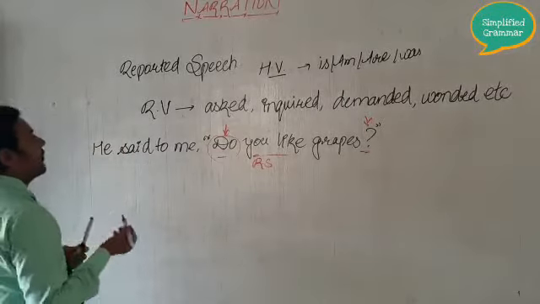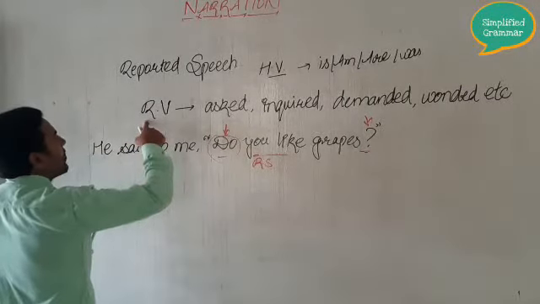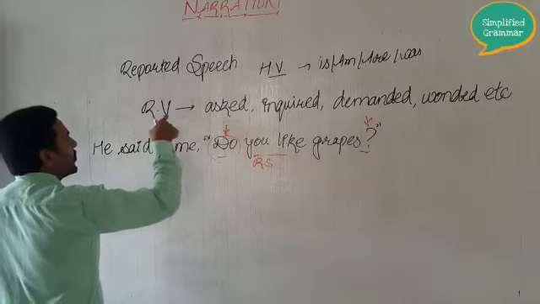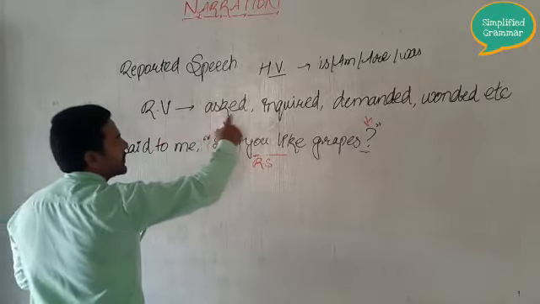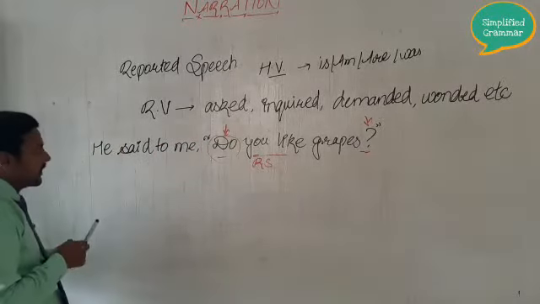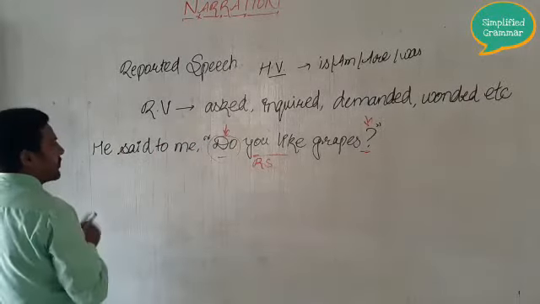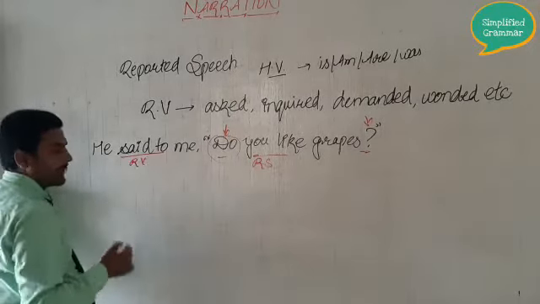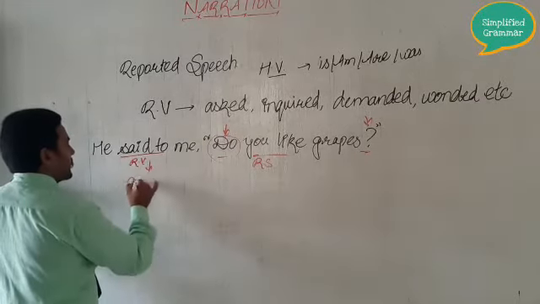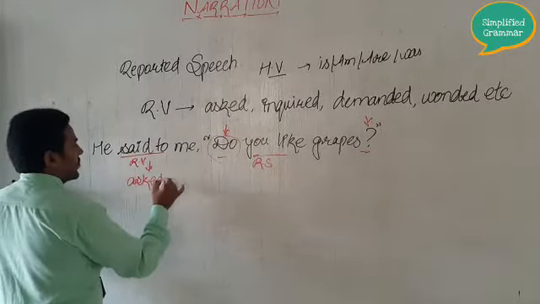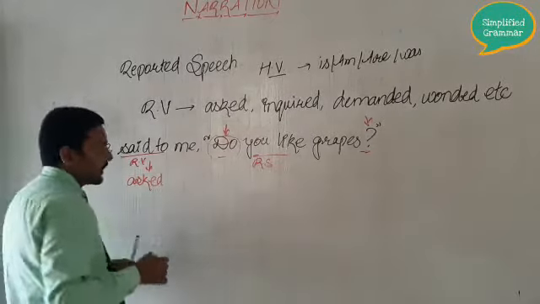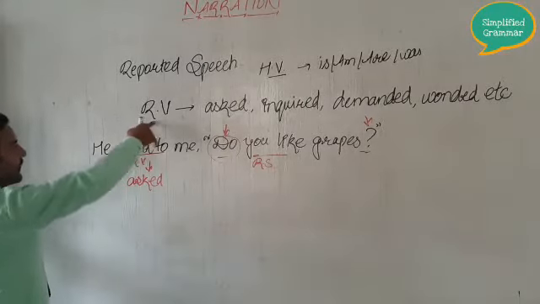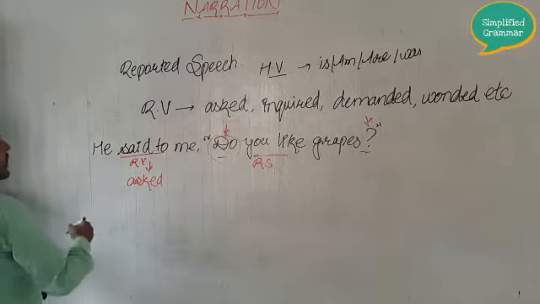So the next step that you need to follow is the reporting verb has to be changed into asked, inquired, demanded, wondered, etc. So see here, what is your reporting verb? Reporting verb is said to. Now this said to will change into asked. Okay, he asked me.